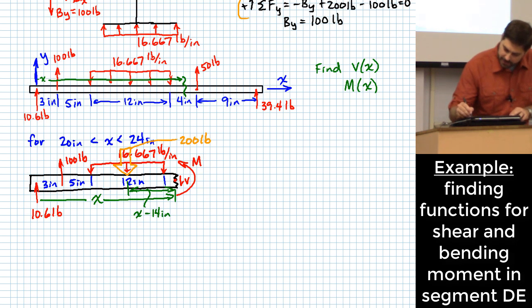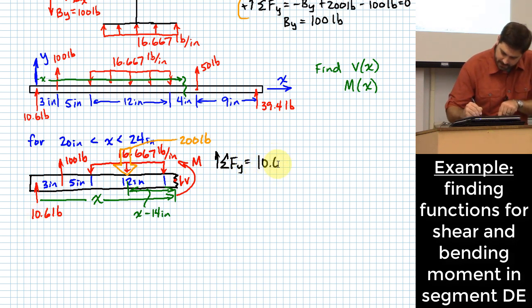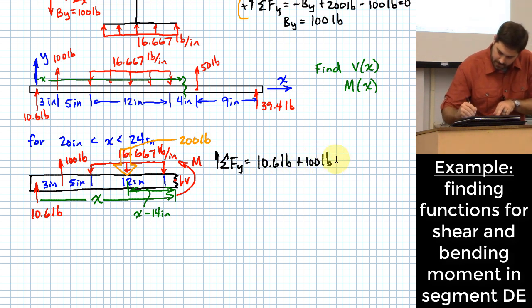So let's quickly do these. What is my V function? I would sum forces in the y. So I would have 10.6 pounds plus 100 pounds minus 200 pounds minus V equals 0.